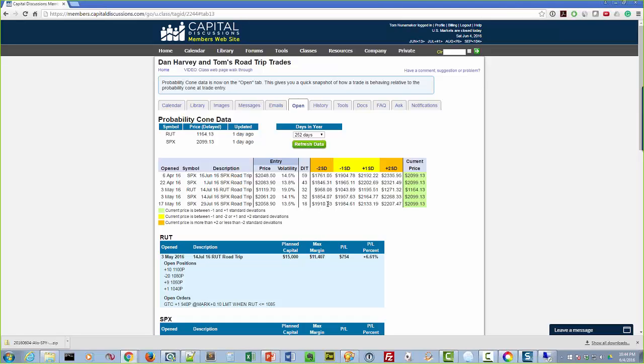Because one of the goals of the service here, and of the way that both Tom and I trade this, again, we want to err on the side of caution, is we don't want to lose much more than 5%, because that's going to give us the positive expectancy that we want. Because as you've seen in recent cycles, we've been making above 5%, and we've had some double digits, and we want them to be greater than the occasional loss, which we will take at around 5%. So that's the rationale behind this.